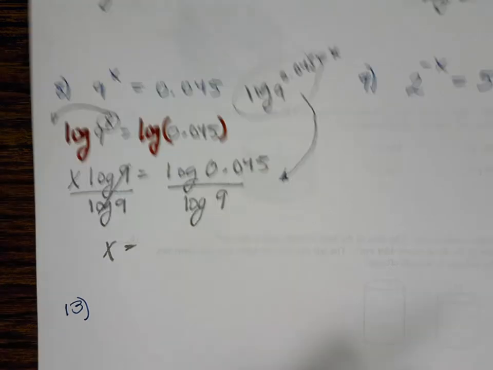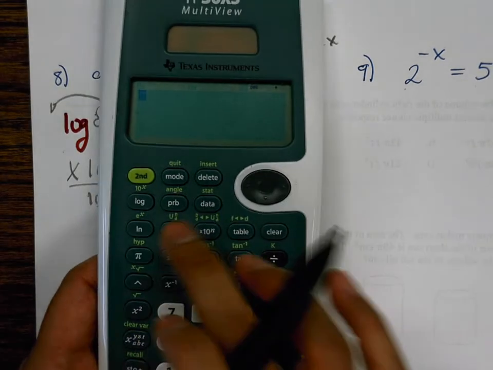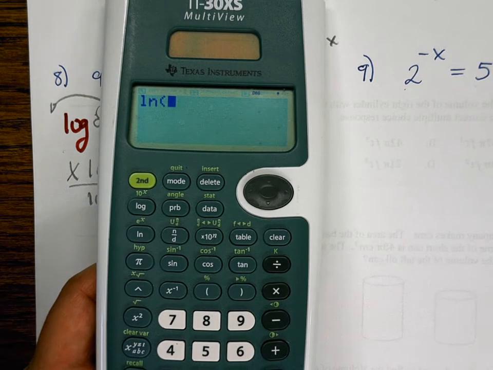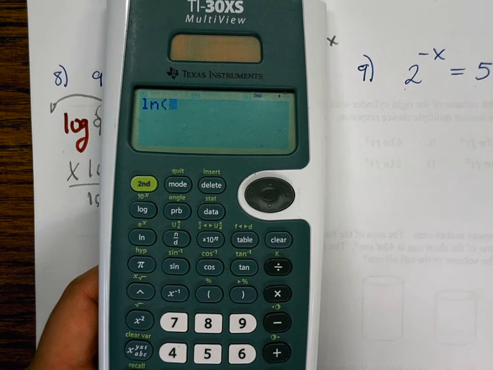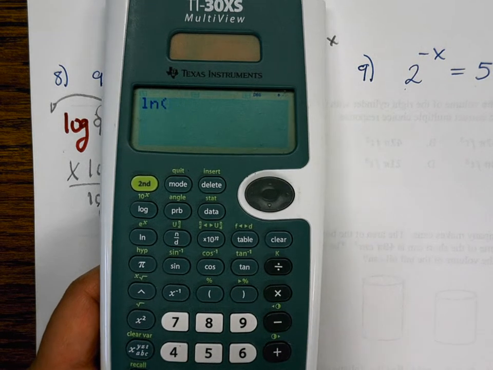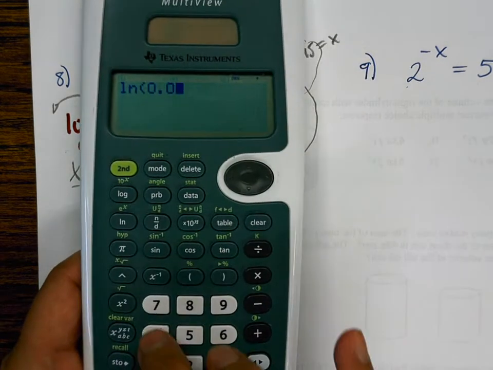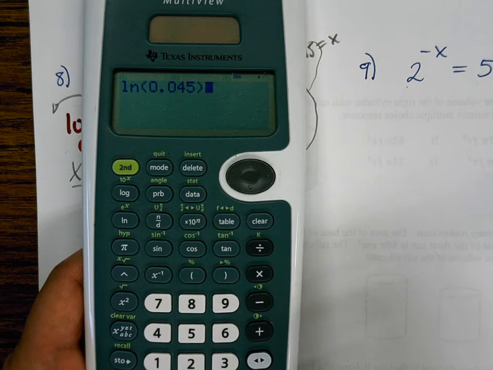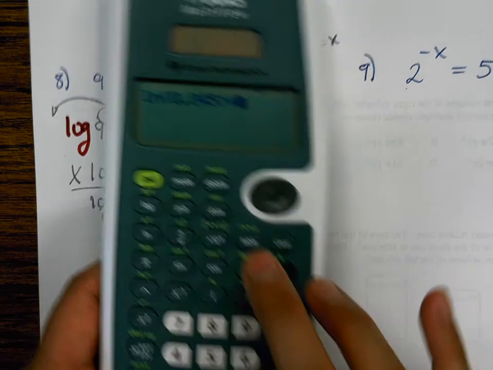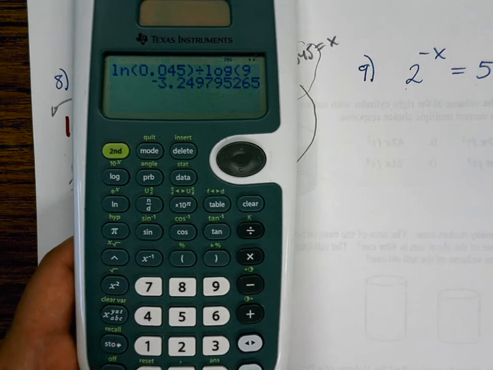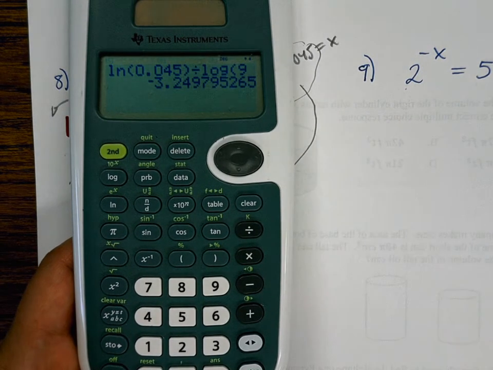Okay, let's plug this in right here. Log of 0.045, close parentheses, divided by log of 9. And you end up with not what we should have.